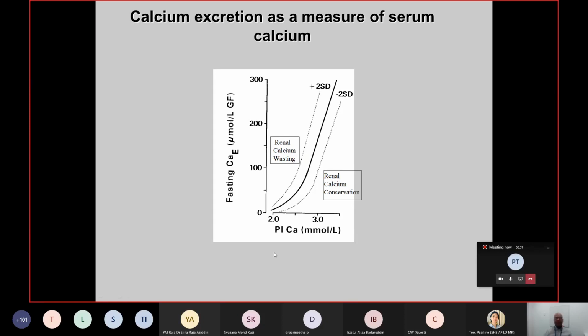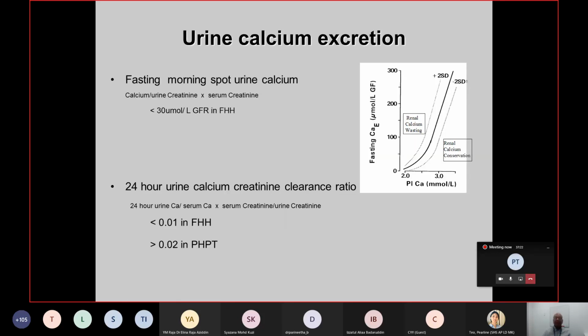This graph shows you the relationship between plasma calcium and urine calcium excretion, and the normal limits are indicated here. The dotted lines are the 2SD variation. In renal calcium conservation, where there is increased PTH activity, the fasting calcium excretion is less than expected, whereas in renal calcium wasting, for example in hypoparathyroidism, the urine calcium excretion is greater than expected.